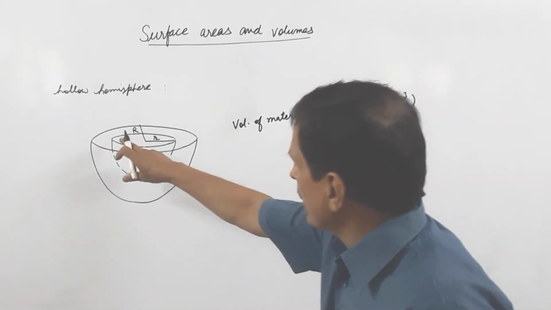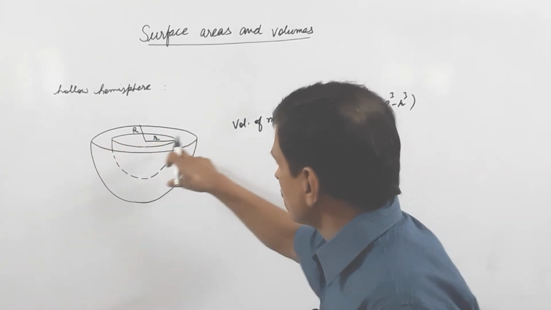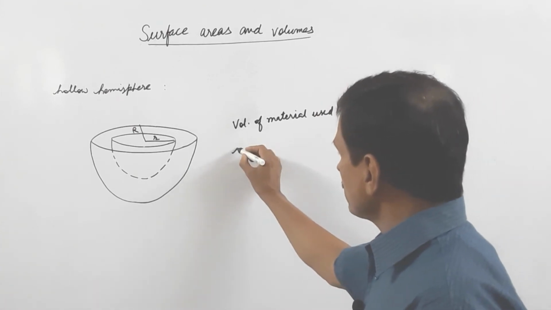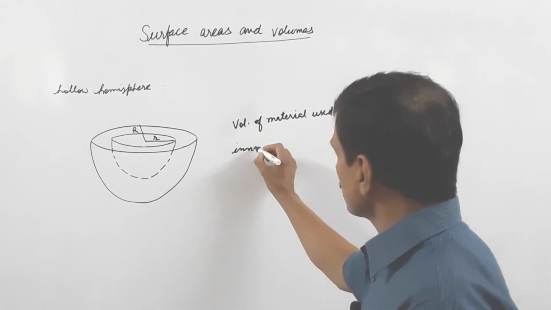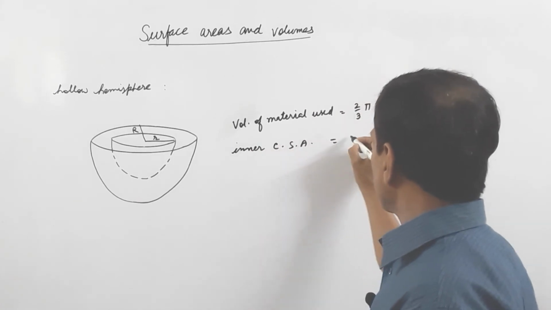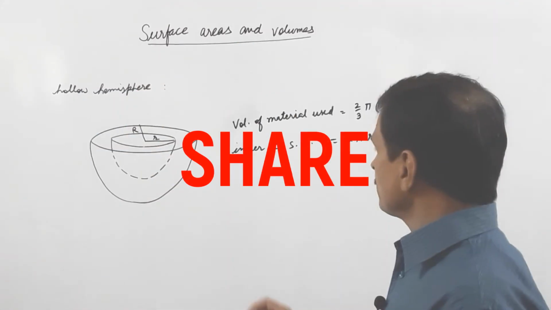It is having an inner curved surface, outer curved surface, and this ring. So inner curved surface area is equal to 2 pi r square.